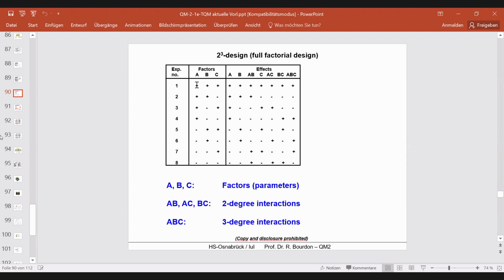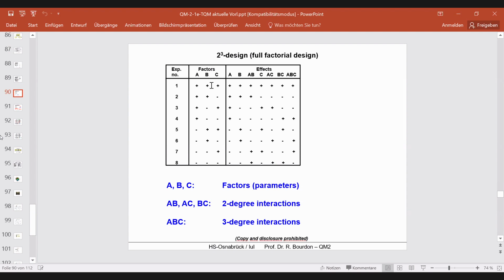In this column, the vertical line, you see 4 times plus and 4 times minus. So there is exactly the same number of plus as minus.